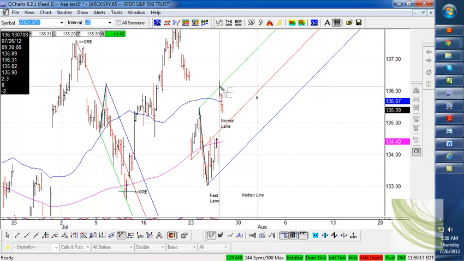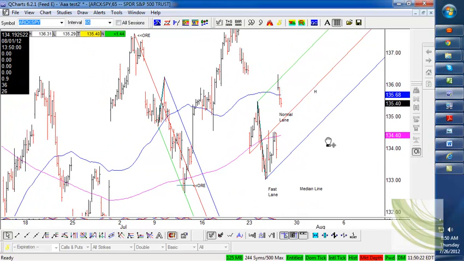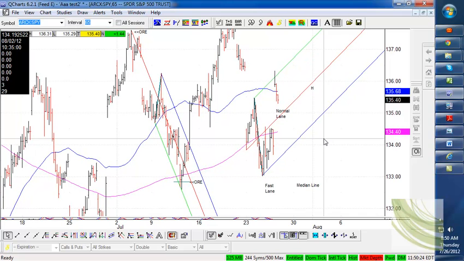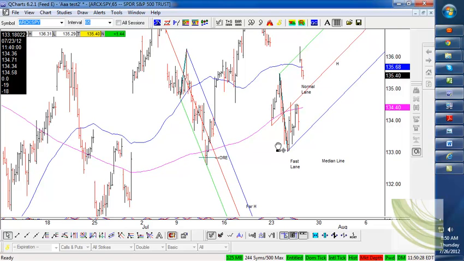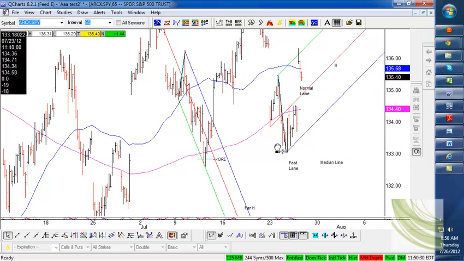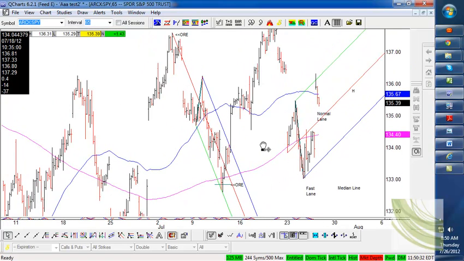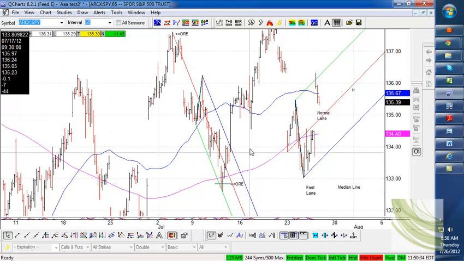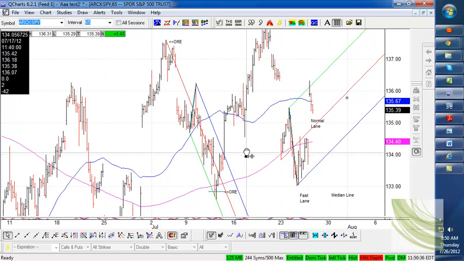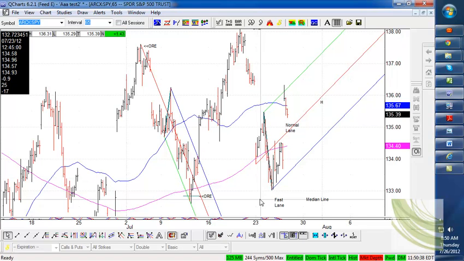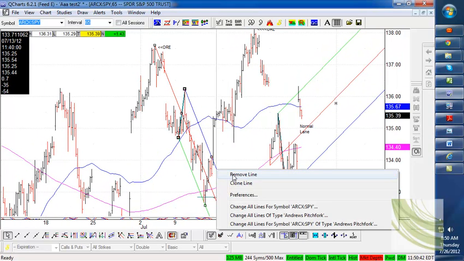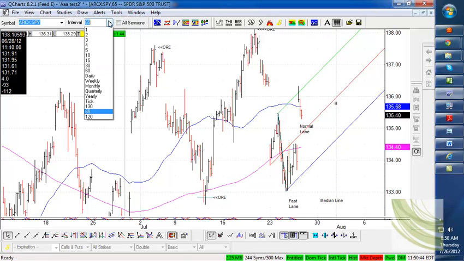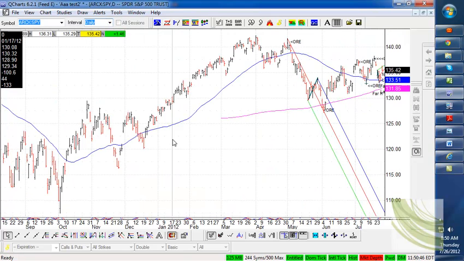Okay, so this is to give you a nice quick idea of combining the moving averages, which are lagging indicators, with leading indicators like the median lines and other geometric type things.